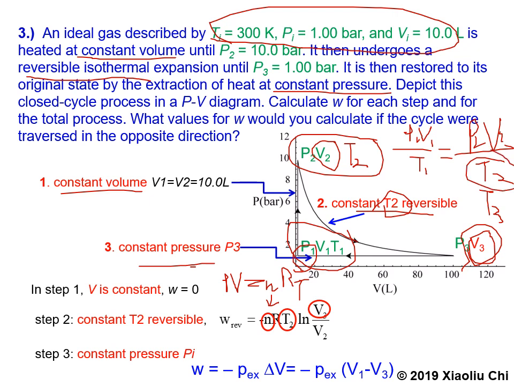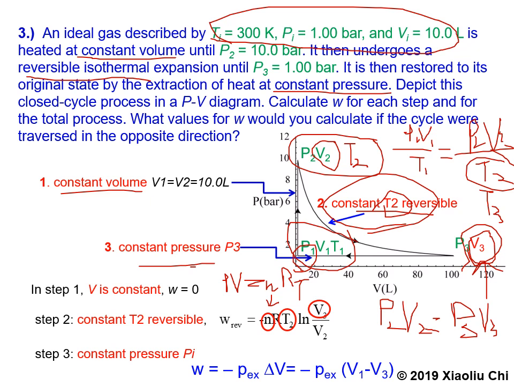How do you calculate V3? Well, because the second step is at constant temperature, an isotherm, it's Boyle's law. So P2 V2 should equal P3 V3, and therefore V3 can be calculated.